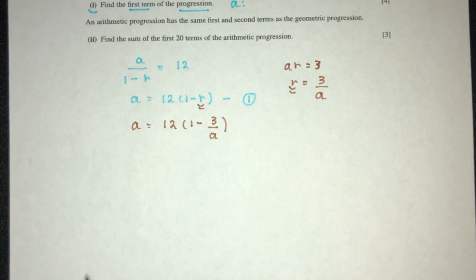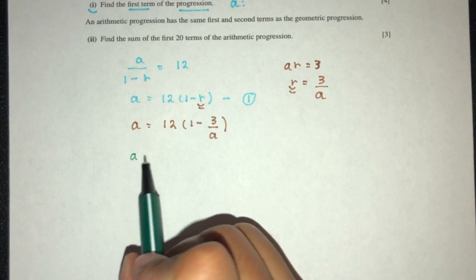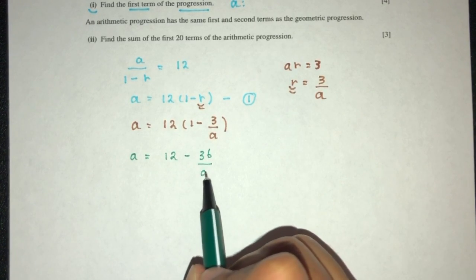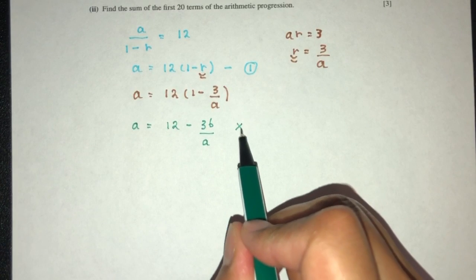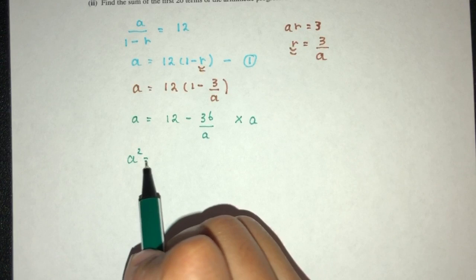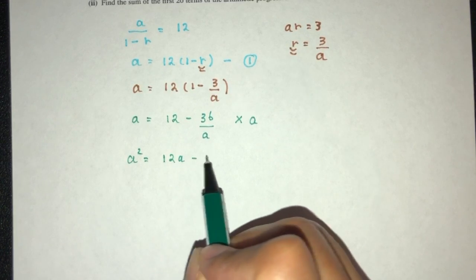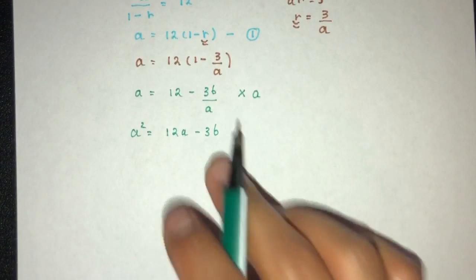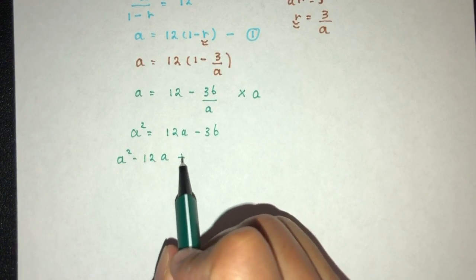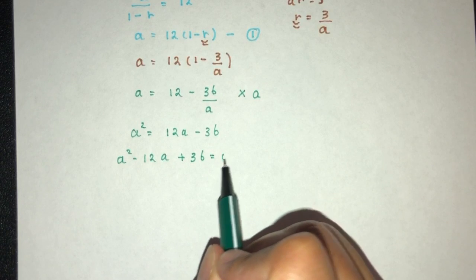Now, let me expand this. You will have a equal to 12 minus 36 over a. We can multiply by a. Let's see what happens. You will have a squared equal to 12a minus 36. Send everything to one side: a squared minus 12a plus 36 equal to 0.